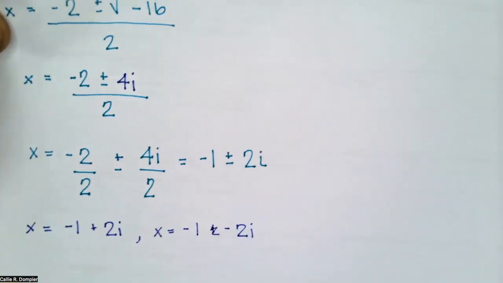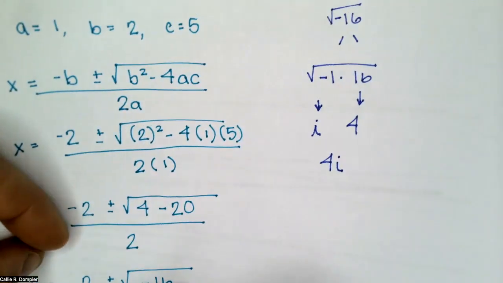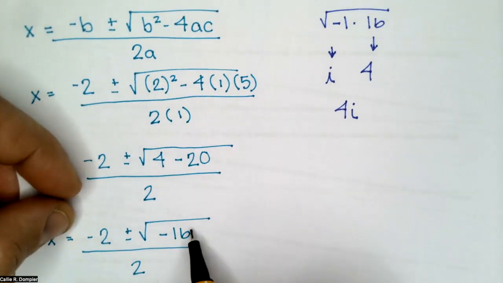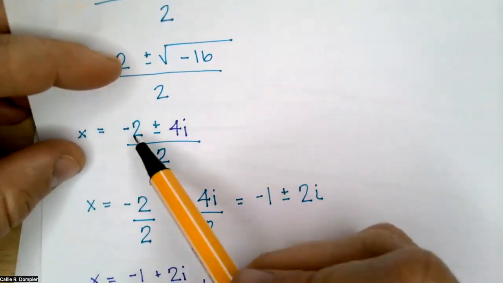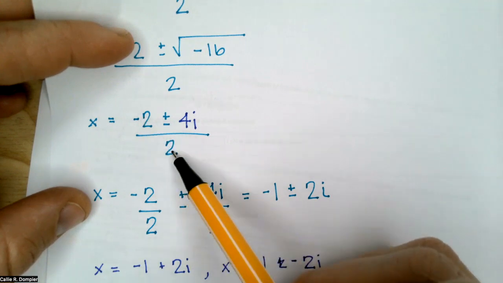Done. Okay. So here we have the square root of negative 16. We know from practicing in 7.7 that the square root of negative 16 is 4I. Replace that with 4I. Make sure you can't divide this, the top by the bottom, right? Simplify the fraction.